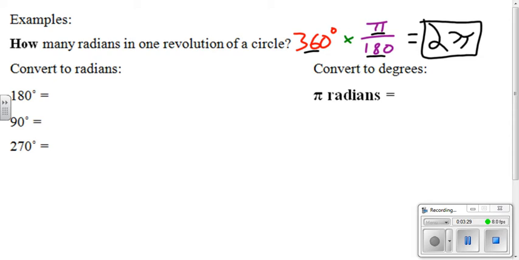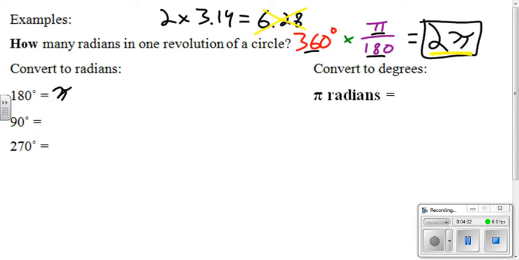It's always okay to leave your radian measures in terms of pi instead of spelling it out. So 2 pi would be like 2 times 3.14, in which case we'd have about 6.28. Don't actually say the 6.28. Leave it in terms of pi. That's 2 pi. So if we wanted to convert these to radians, we already did this one actually. The 180 degrees is the same as saying pi.